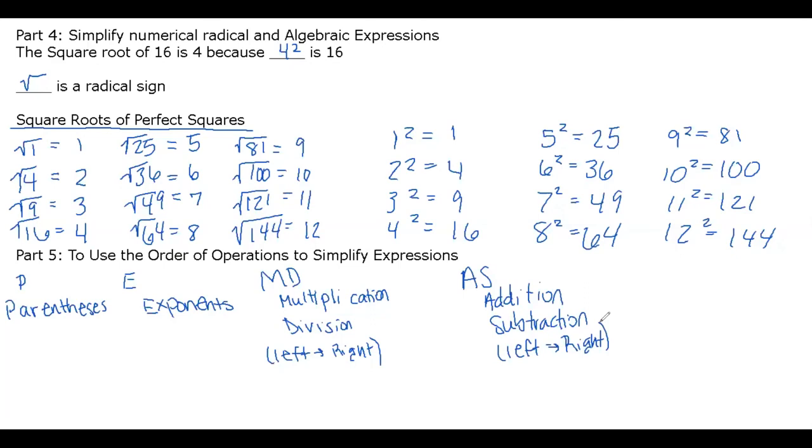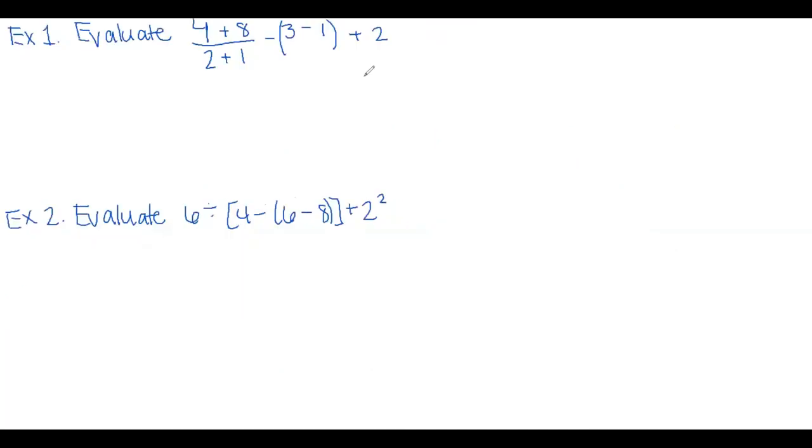Now let's look at some examples of this in action. For example 1, we have to evaluate 4 plus 8 over 2 plus 1, minus 3 minus 1, plus 2, okay? So the first thing we can do is our parentheses, okay?